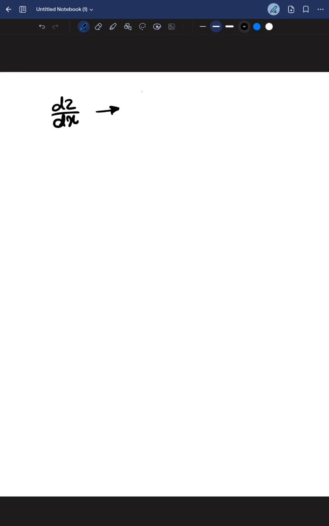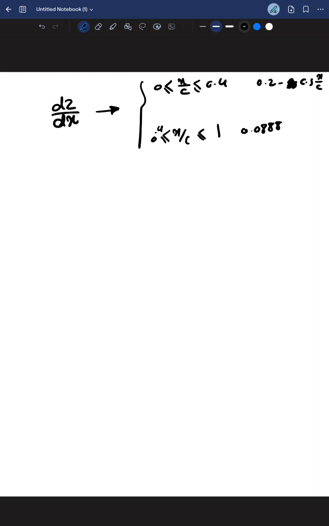And we have two different equations. For x over c small, between 0 and 0.4, dz/dx is going to be 0.2 minus 0.5 x over c. And for x over c between 0.4 and 1, dz/dx is going to be 0.0888 minus 0.222 x over c.